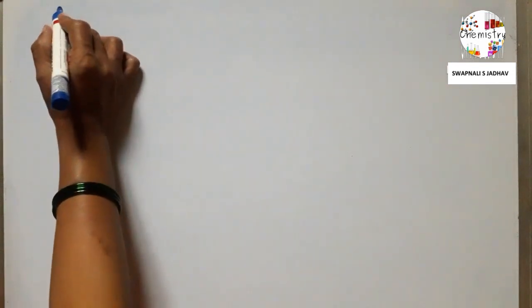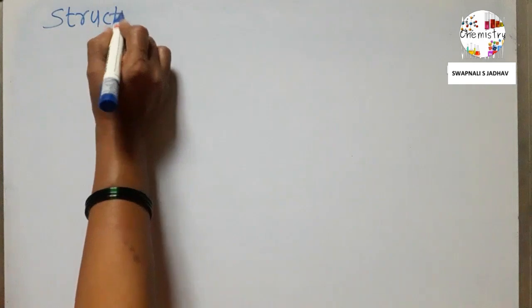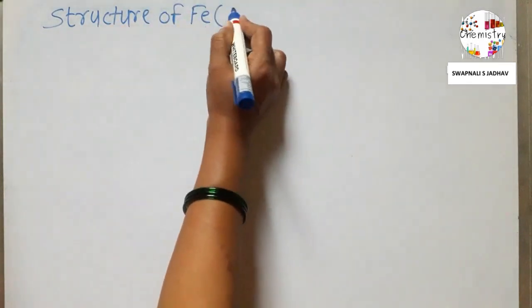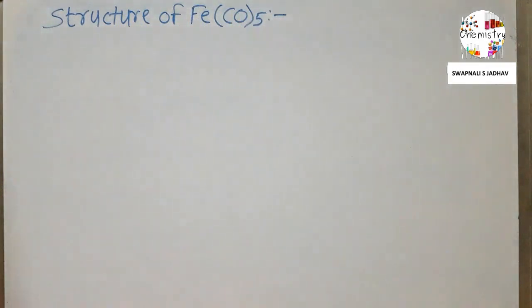Now we see the structure of Fe(CO)5. If we understood the structure of Ni(CO)4, then you can easily understand the structure of Fe(CO)5. So in Fe(CO)5, which metal is present?